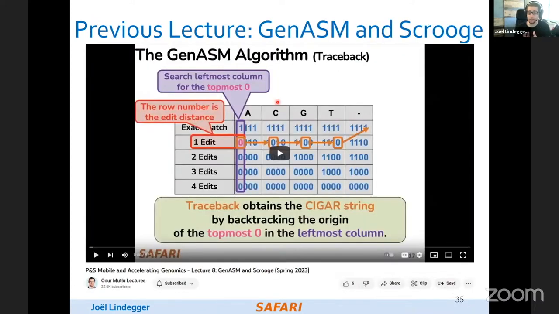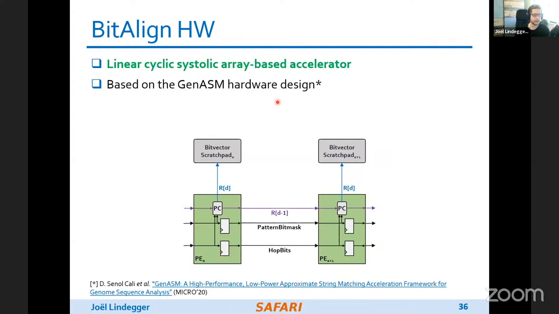And again, I refer back to the previous lecture, where I went into a lot of detail on how these algorithms work and how they can be improved. But this systolic array-based accelerator already exists.